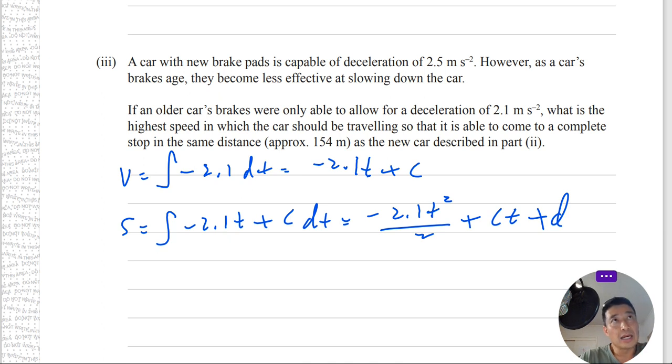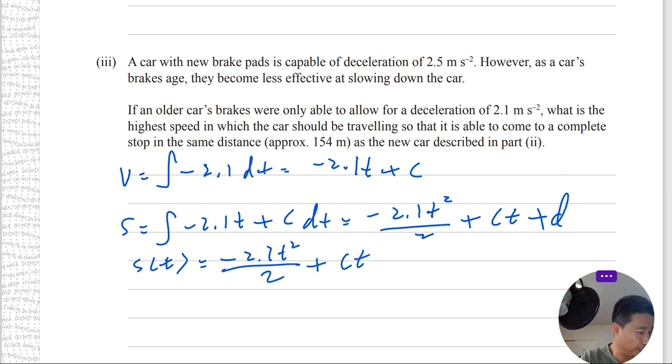However, again, here d is 0 as well because s of 0 must be 0, right? So d is 0. So s of t equals minus 2.1t squared over 2 plus ct, isn't it?